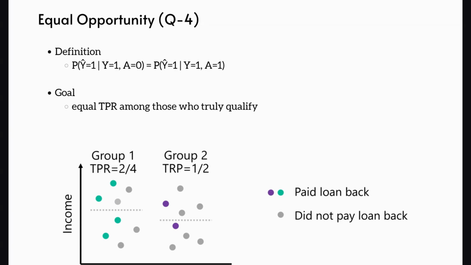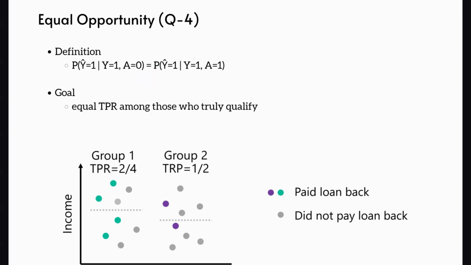The only difference between them two is which group they belong to. Equal opportunity asks just one simple question: does being equally capable, having the same features, y equals 1, irrespective of what group you belong to, give an equal output?